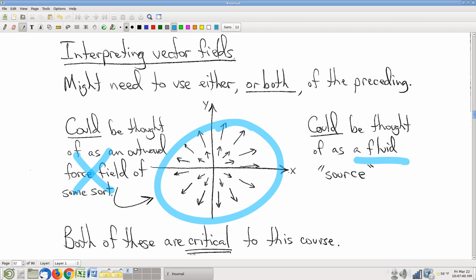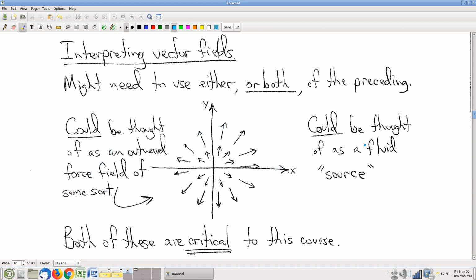So you have to be comfortable with both of these: thinking of vector fields as representing forces, and thinking of them as representing fluids. Both of these are going to be a big deal. So make sure that you digest both of these previous examples before we go on to applications. Both are critical to the course.